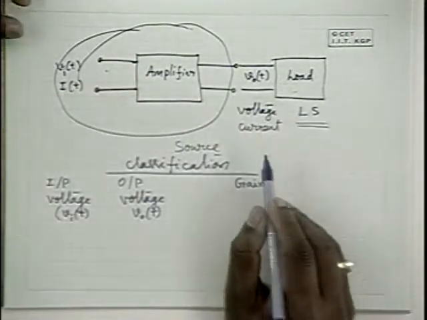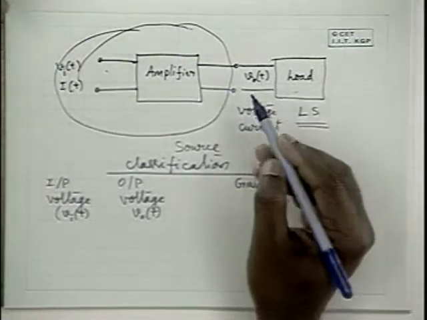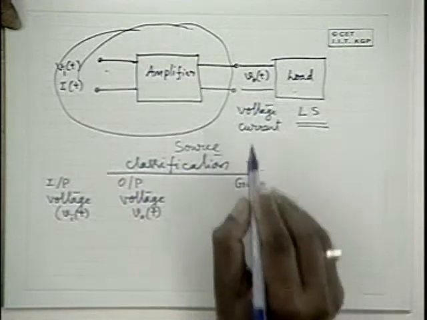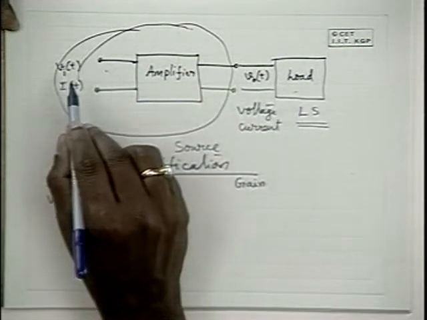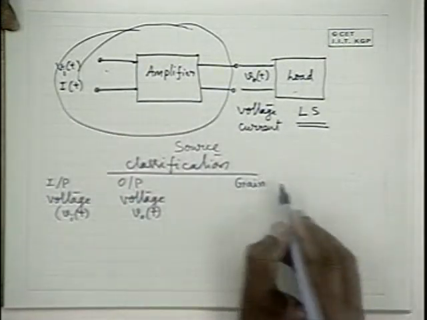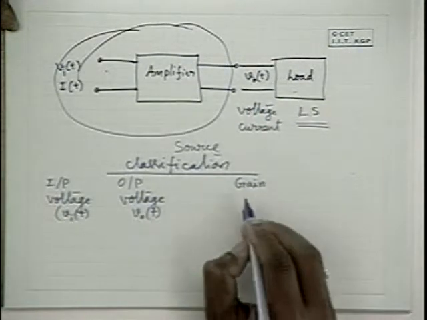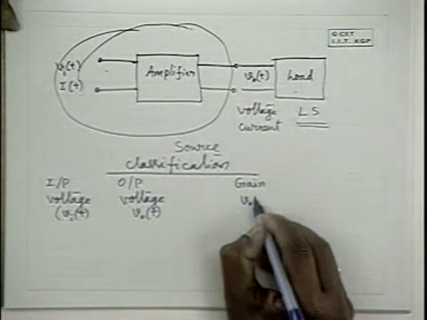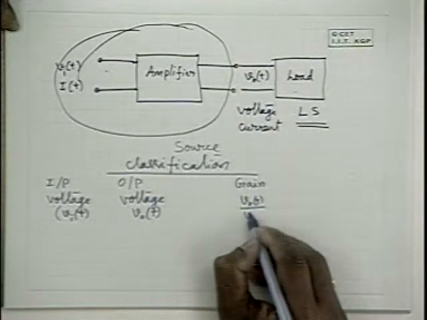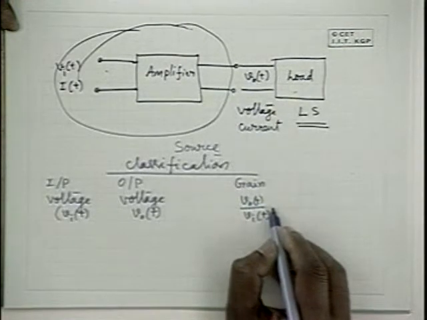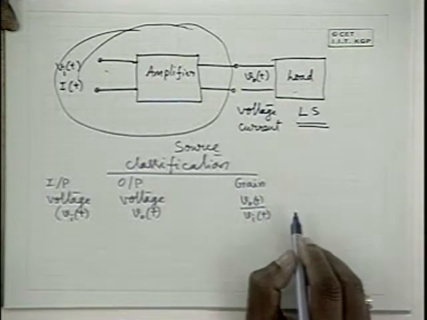Naturally, if it is amplifying by 10 times, it means output is 10 times the input. So the ratio between the output and input is defined as the gain. Therefore, the gain, that means the transfer ratio between the output and input, is V0T divided by VIT. And this has no units.